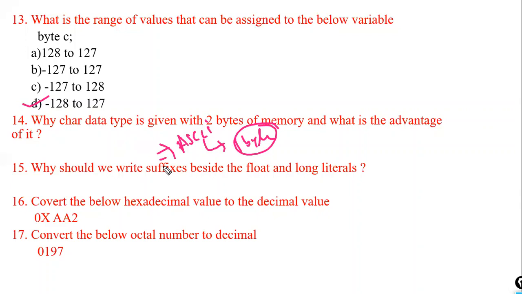In order to support all the languages, Java follows Unicode representation. And as 1 byte of memory is not sufficient to support all the human languages, Java is given 2 bytes of memory. The advantage of it is supporting the characters that are supported by all the languages.